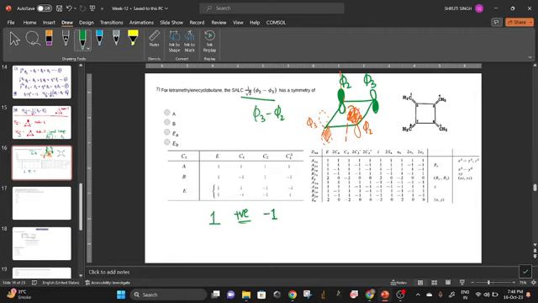Okay. Next is C4 cube. When we'll apply C4 cube, first of all, they will change their place completely.